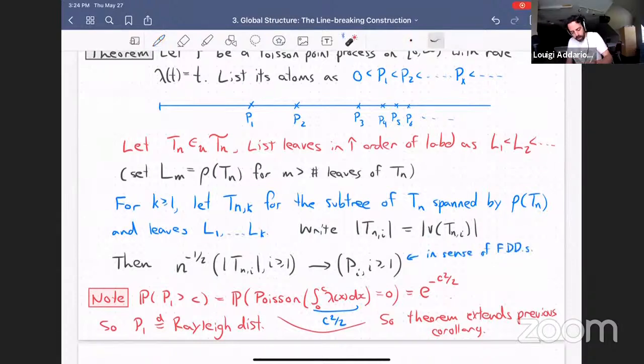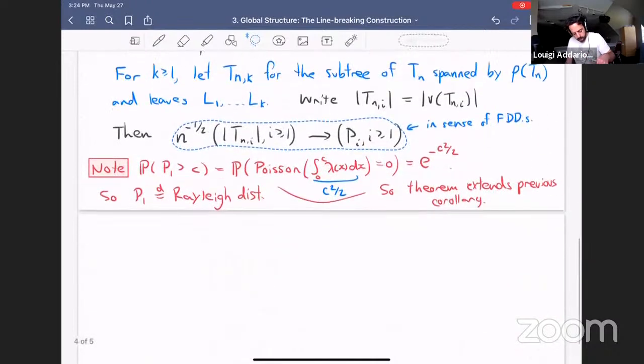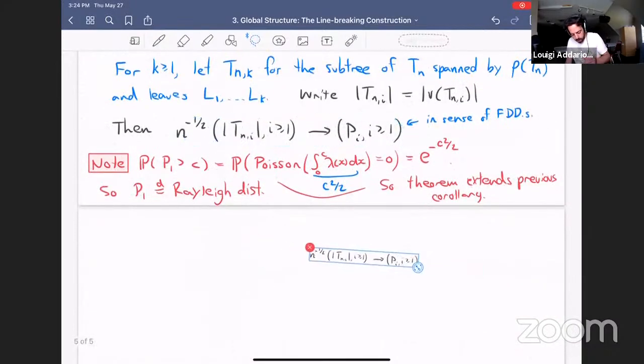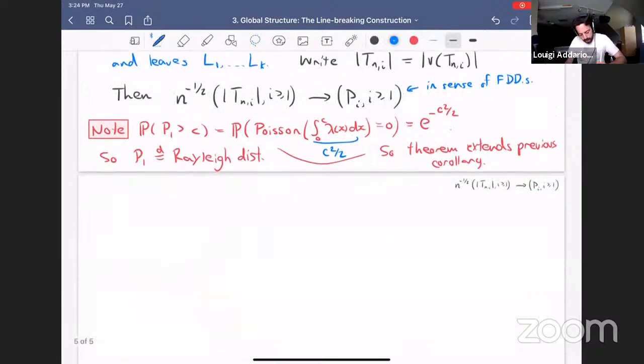So that means that for any fixed k, if I look at the vector of the first k elements here, it converges to the vector of the first k elements here jointly in distribution. So maybe I'll just put that up in the corner as a reminder of where we're headed. But I have a lemma to prove before we prove the whole theorem.